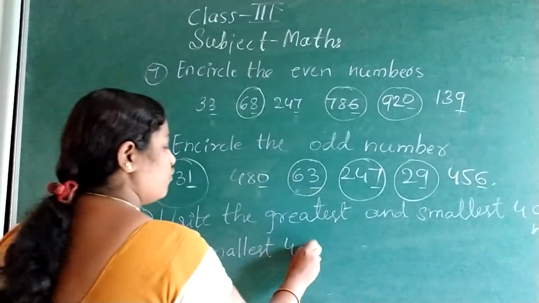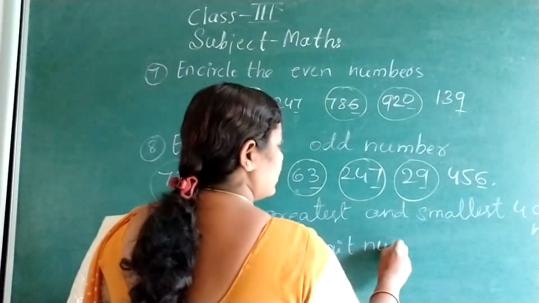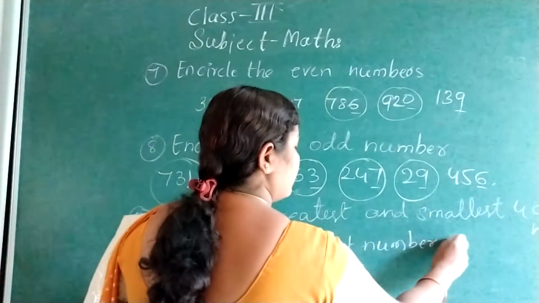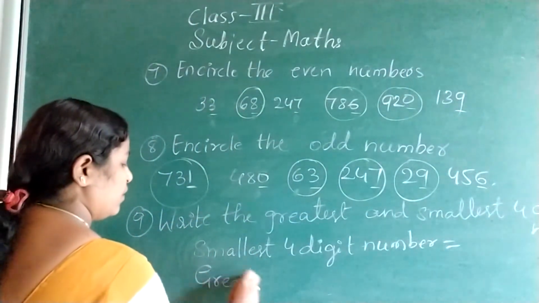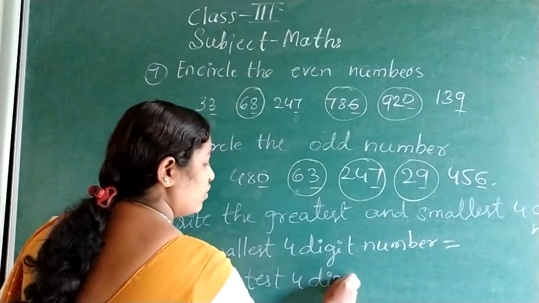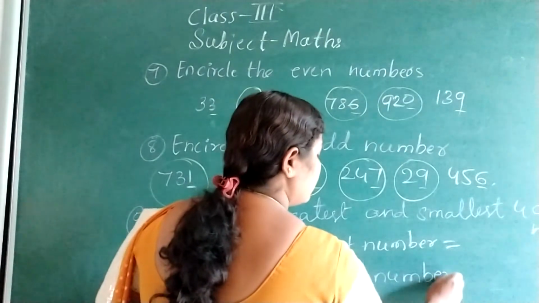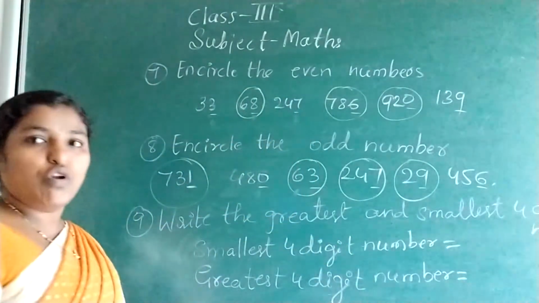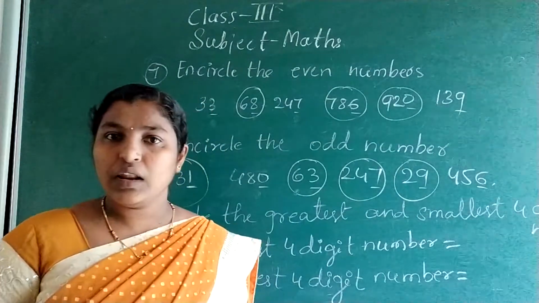The smallest 4-digit number and the greatest 4-digit number. Already I told you which is the smallest 4-digit number.